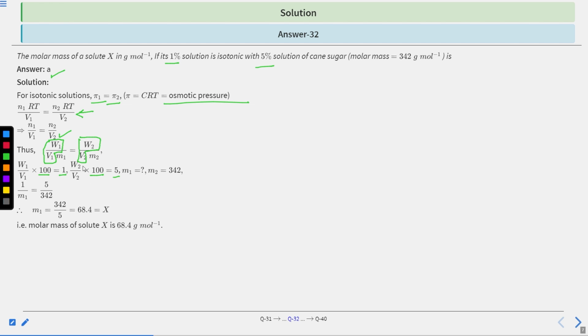M1, the molar mass of the solute, we have to calculate, and the molar mass of cane sugar is 342, which is given. So putting the values, we have 1 upon M1 equals 5 upon 342. So M1 is 342 divided by 5, which equals 68.4. That is, the molar mass of solute X is 68.4 gram per mole.